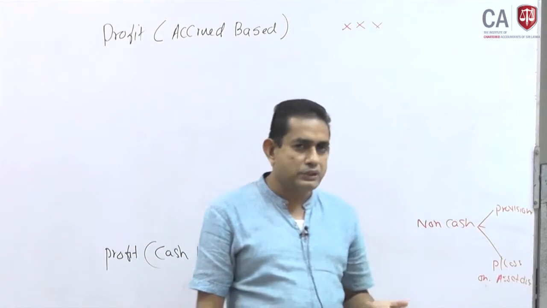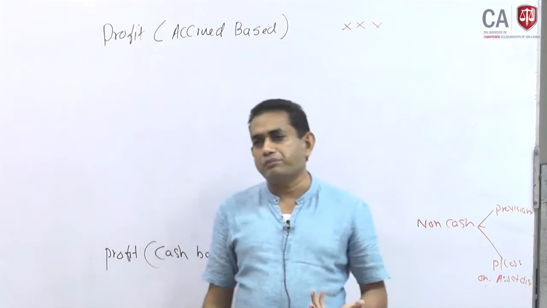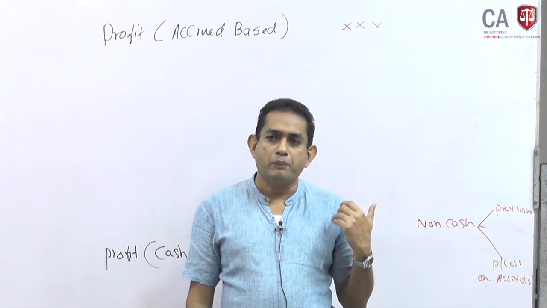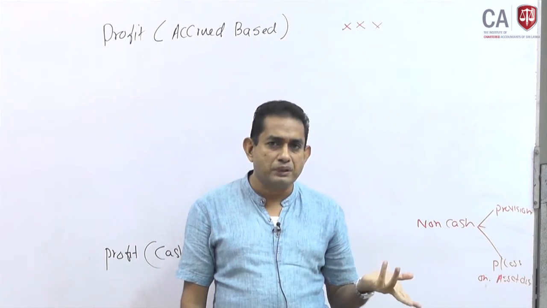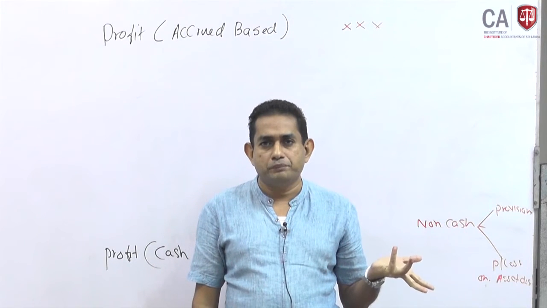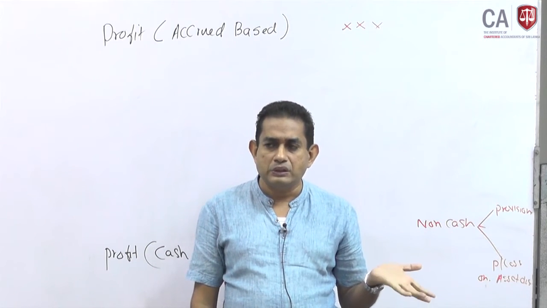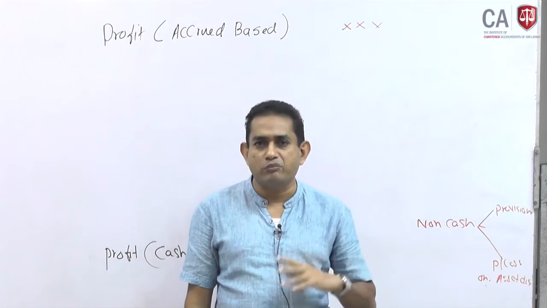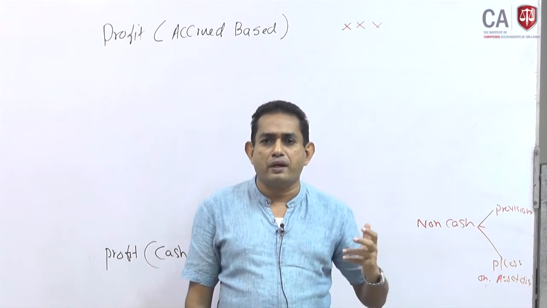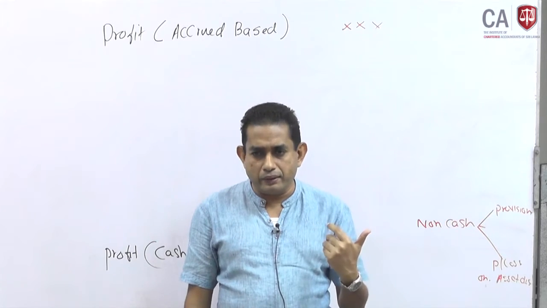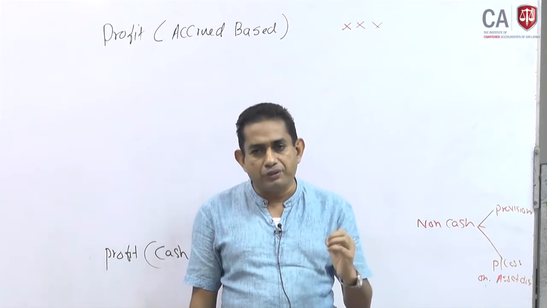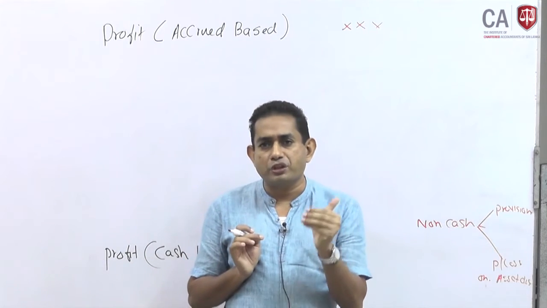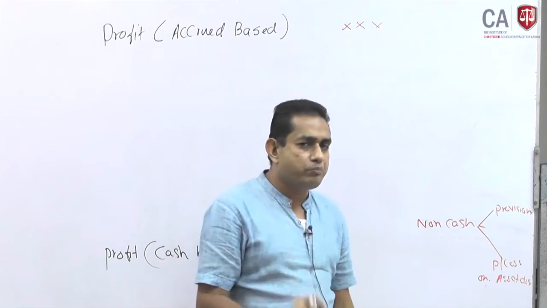It can be depreciations, doubtful debts, provisions for impairment, gratuity, obsolescence, it can be the provisions sometimes created for possible compensations in a lawsuit, legal cases, and that is not the exhaustive list of provisions, there can be some more, and all the provisions by and large have made your actual cash profit different from accrued profit, and you need to eliminate the effect of all these provisions to transform this accrued profit back to the cash profit.